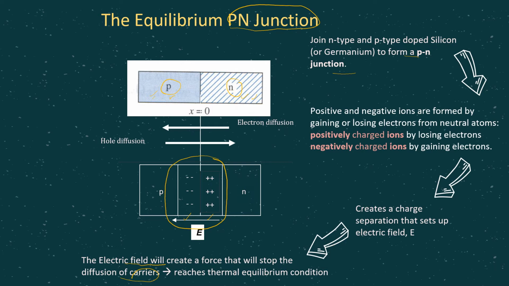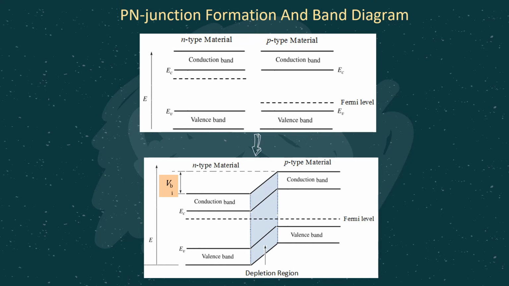There will be an electric field and no more diffusion of electrons and holes. The only ions at the junction are the positive ions and negative ions, and this region we call the depletion region or space charge region.